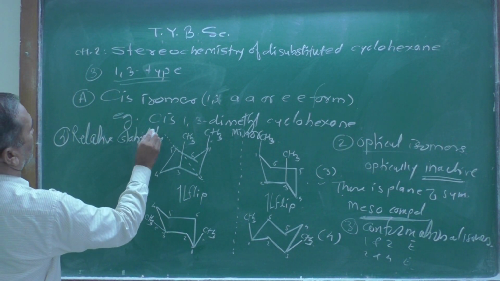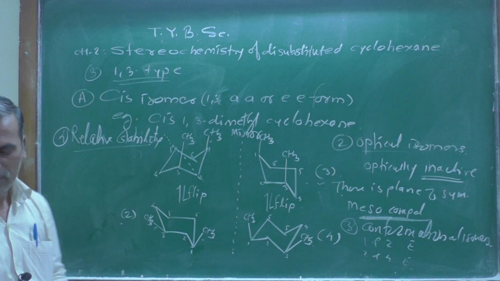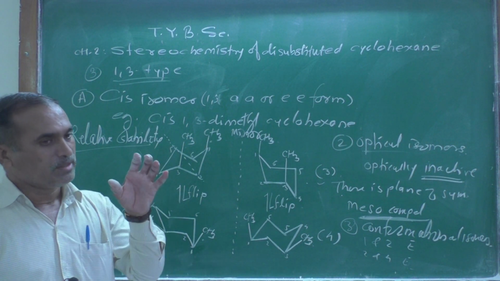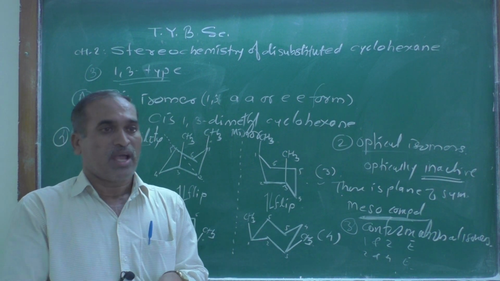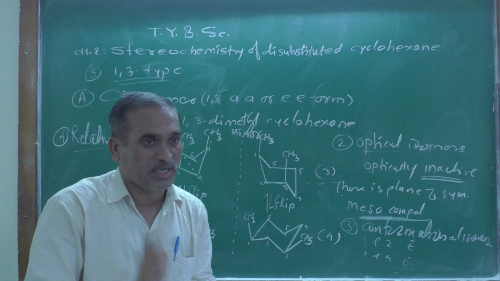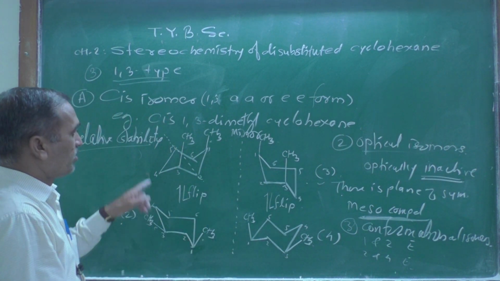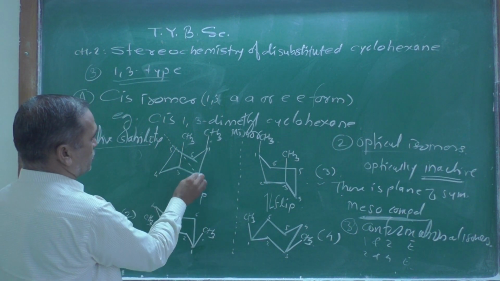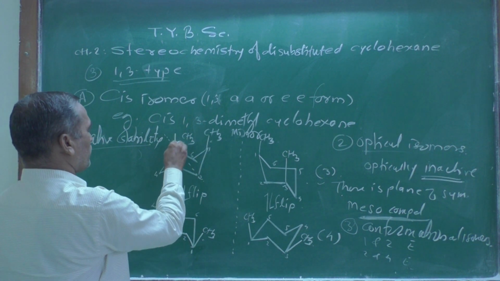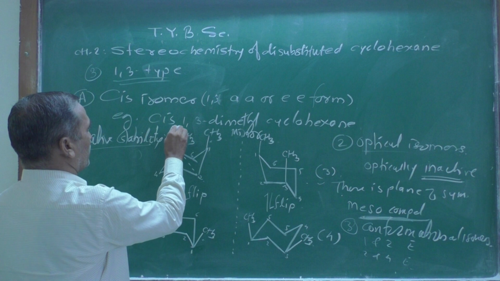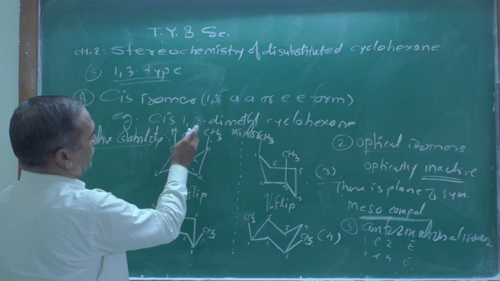In the relative stability, you have to find out the 1,3-diaxial interaction and the n-butane gauche interaction. What do you see here? Look here: 1, 2, 3. There is a methyl group, and one of the hydrogen atoms at the 1,3 position.